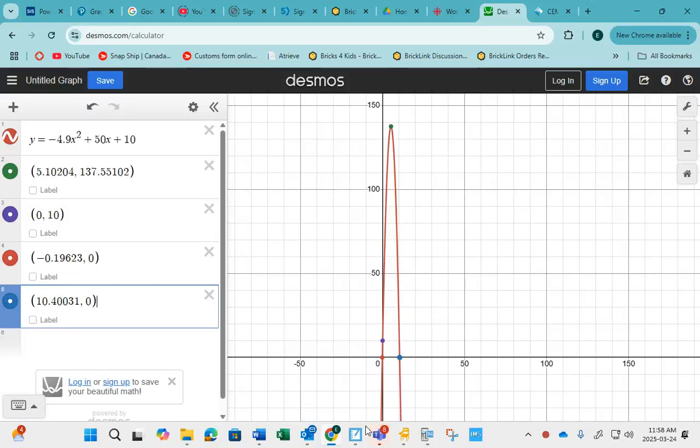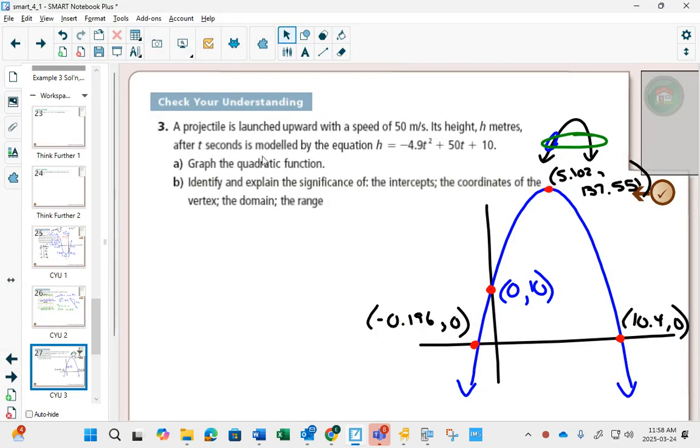And now if we go to the questions that were asked in this question, we graphed it. We labeled important things. What is the significance of the intercepts? This one, your y-intercept, happens when time is 0. This is the initial height.